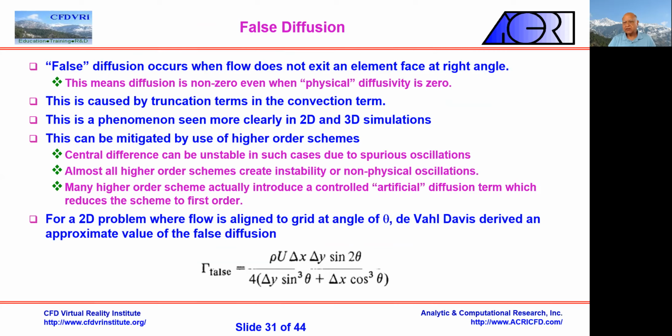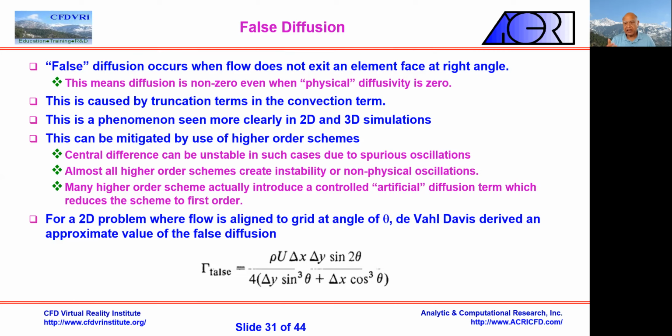Well, actually, it's related to the grid lines and the flow to the grid lines, but that's usually what I'm saying here. So this means that diffusion is non-zero, even with physical diffusivity of 0. Or if there is a physical diffusivity, let's say your physical diffusivity is 1, false diffusion may add, based on the Peclet number, a number like 0.1, 0.2, or maybe even more than 1. It can happen. So this is caused due to truncation terms in the convection scheme, primarily.